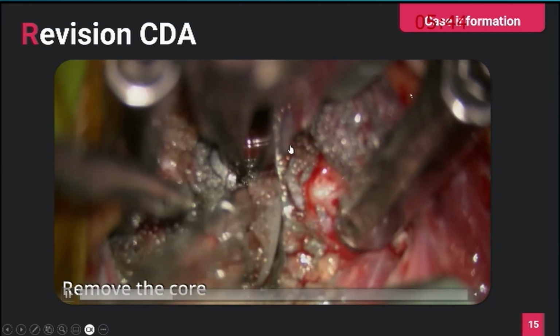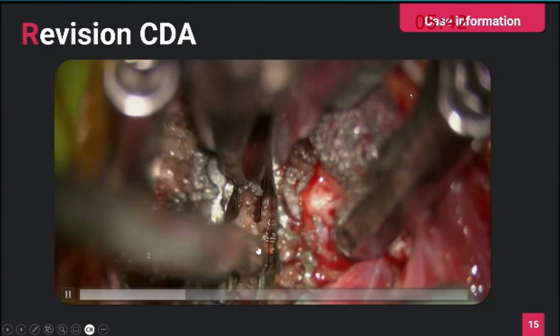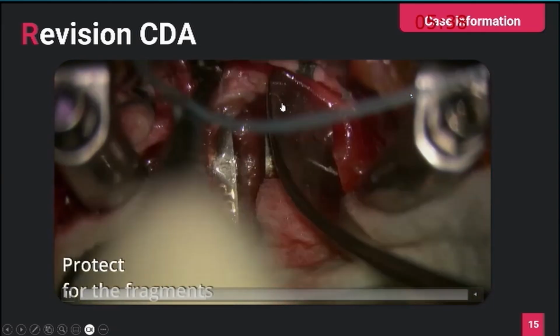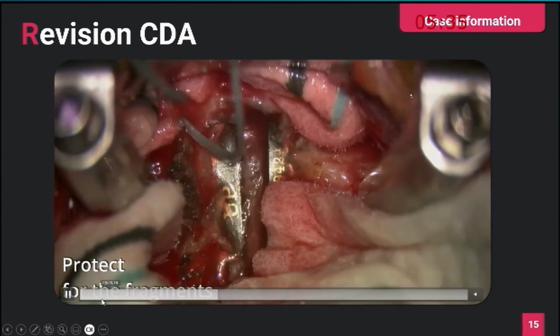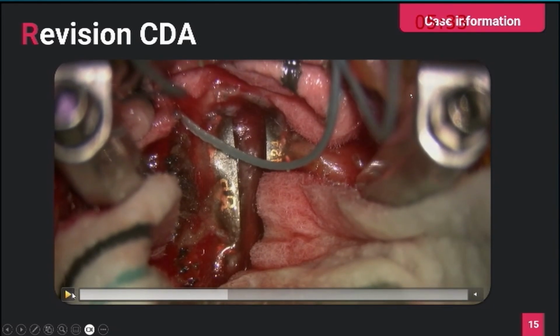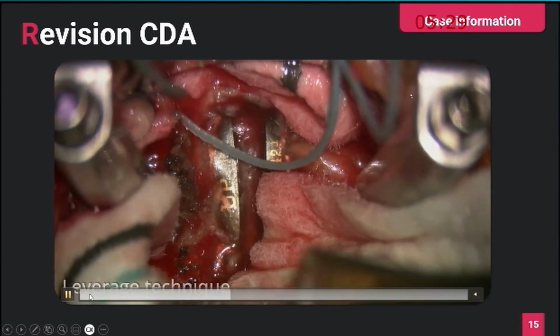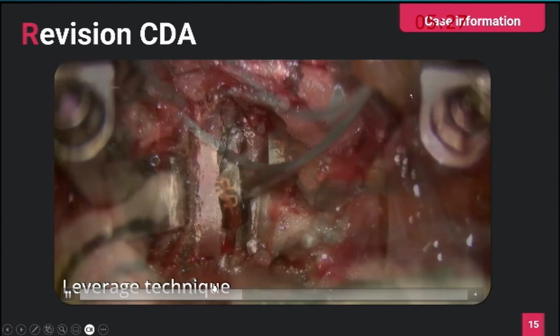As you can see, there are many metal fragments surrounding the soft tissue, so we suggest that you put paddings around the soft tissue to prevent the attachment of the metal fragments. Then we do the leverage technique.